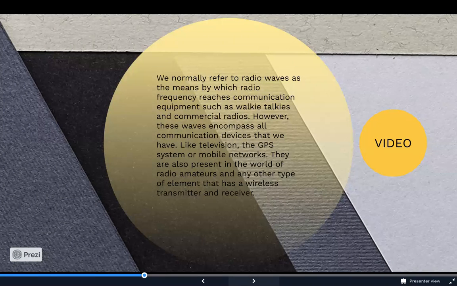However, these waves encompass all communication devices that we have, like television, the GPS system, or mobile network. They are also present in the world of radio amateurs and any other type of element that has a wireless transmitter and receiver.